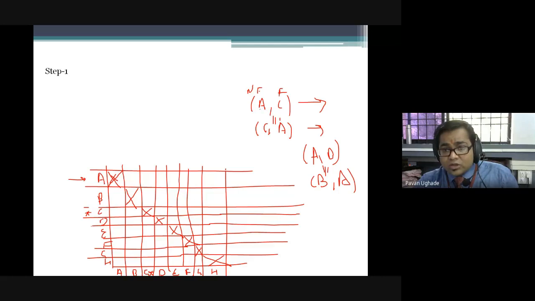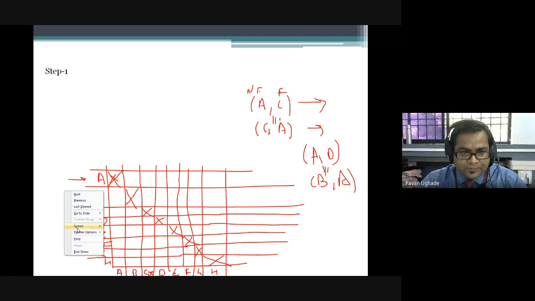In that case, if you are checking with AC, is there any need to check with CA? You are simply doing it twice, right? So please try to understand and come back over here.